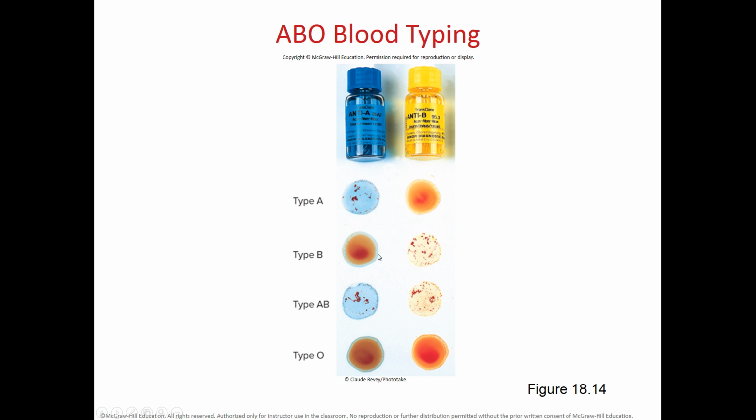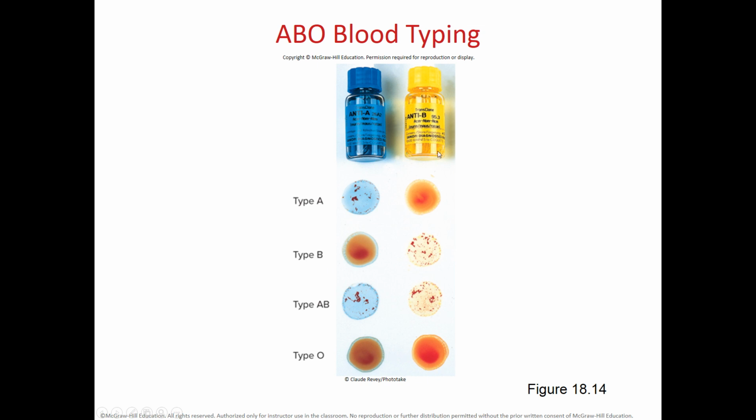So this person has B type. If the person has AB type of blood, the person will have clumping in A and clumping in B. And if the person is O type of blood, you won't have clumping with A and no clumping with B. So you don't see any clumping.